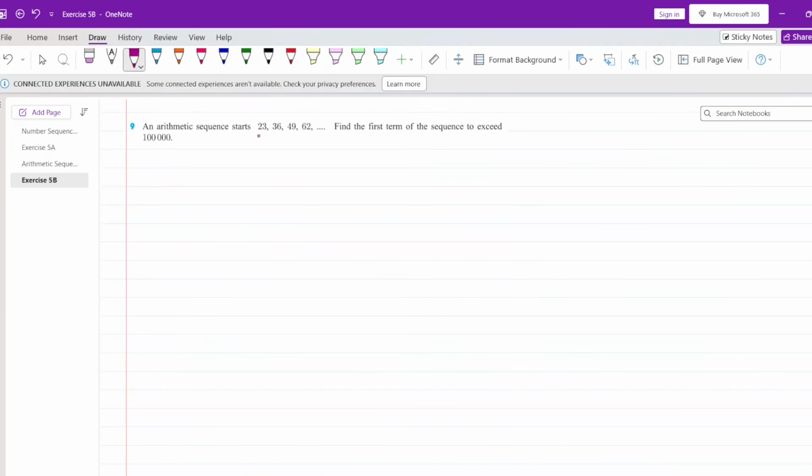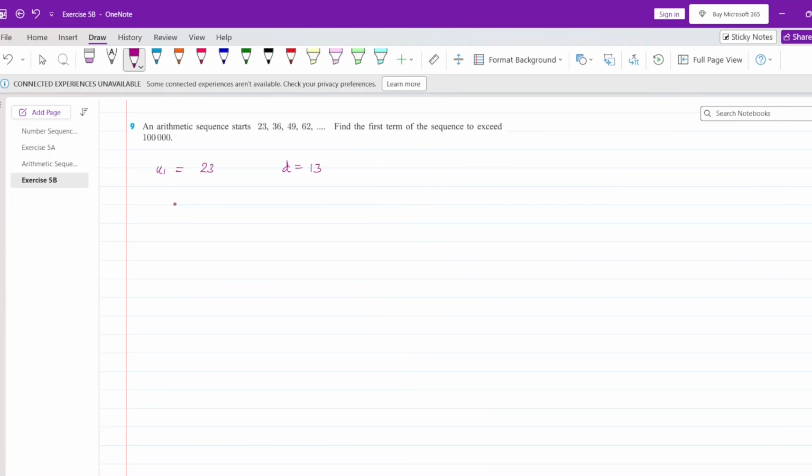An arithmetic sequence starts 23, 36, 49, 62. Find the first term of the sequence to exceed 100,000. So we know u1 is 23. d is 36 minus 23. That is 13.